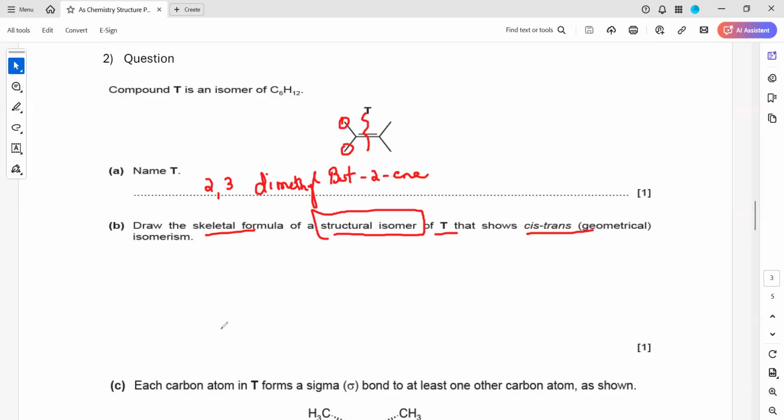So if I draw 4 in the same manner, and I need 2 more, so I can just draw here 1, 2, like 1, 2, 3, 4, 5, 6. So this is one of them I drew. Which one is this? Because the heavy groups are attached on the same side, this is a cis.